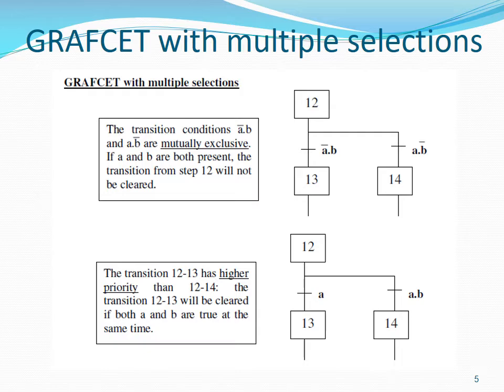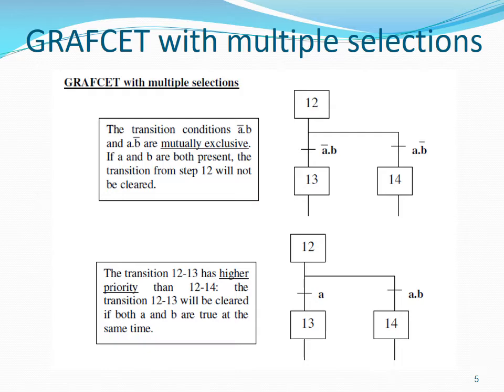The transition from 12 to 13 will be cleared if condition B is satisfied and condition A is not satisfied. The transition from step number 12 to step number 14 will be cleared if the condition A exists and condition B is not satisfied.